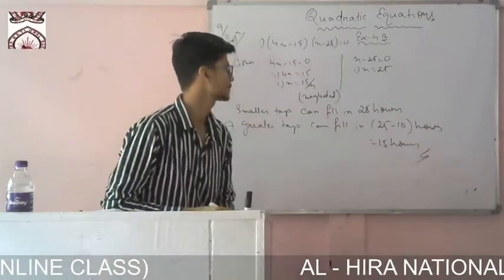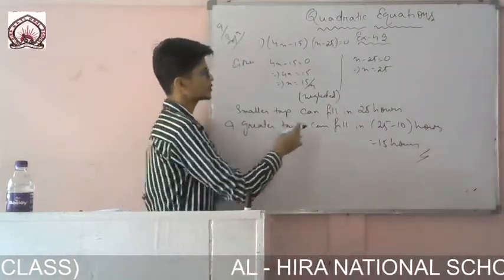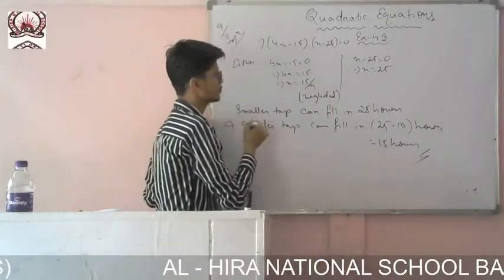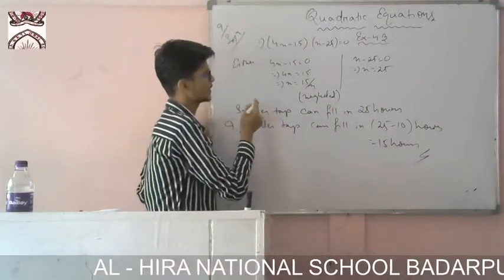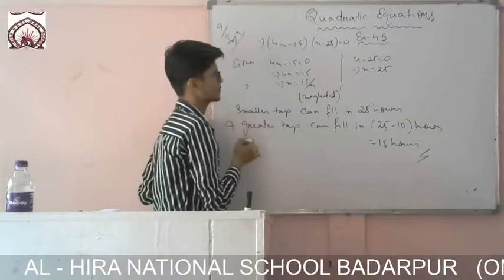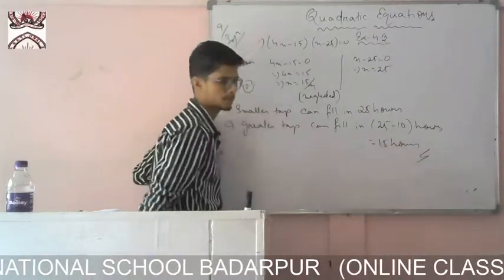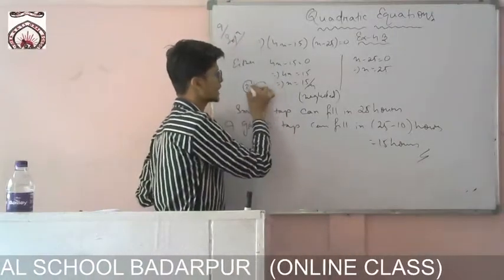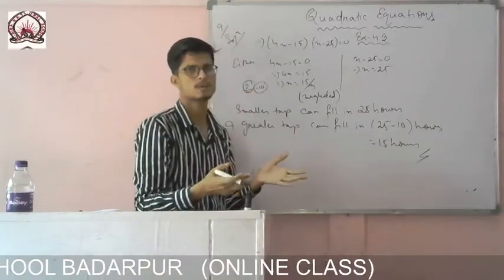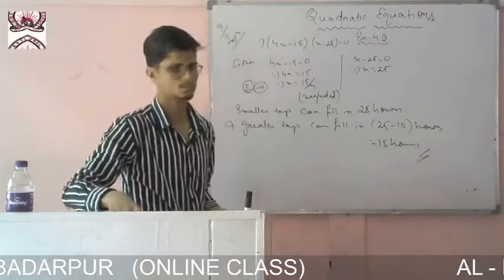This one I have neglected because you see here 15 by 4, so it will come something like 3 point something. I cannot subtract it from 10, I have to subtract from this one 10 hours, but if it is 3.5 hours only, then how can I subtract it? So that's why we have neglected.